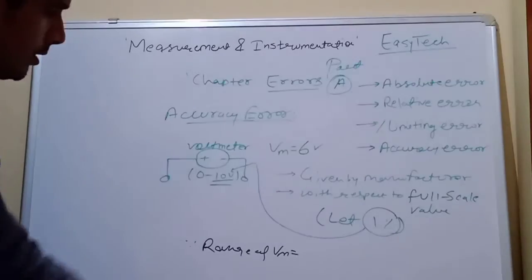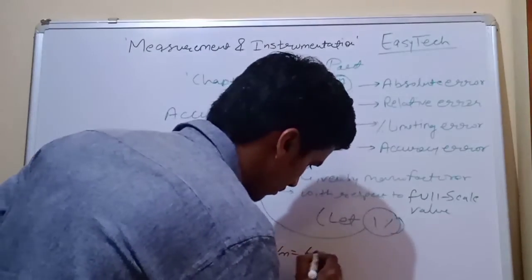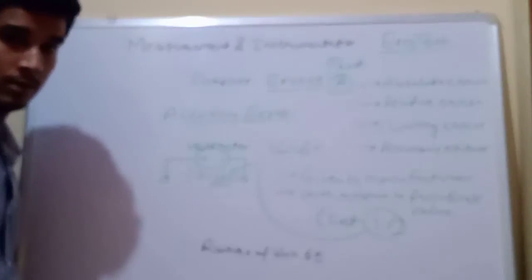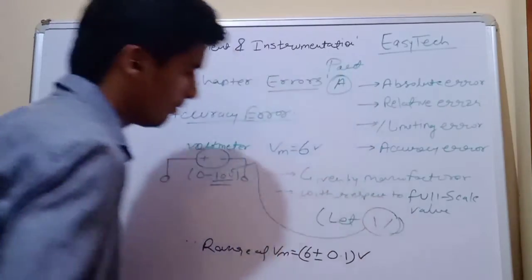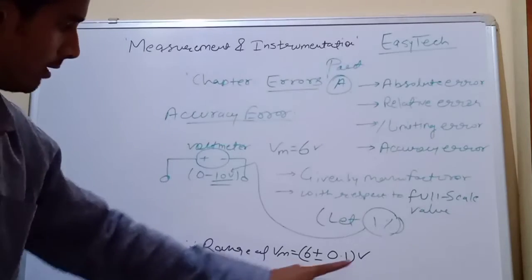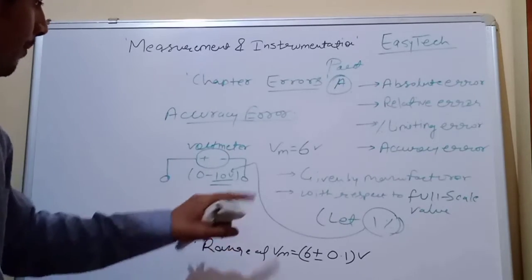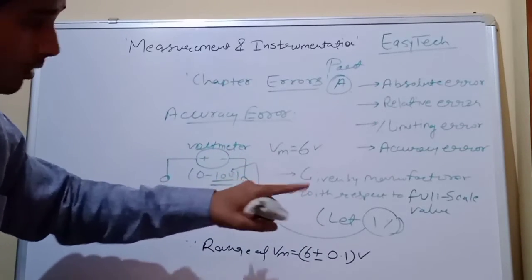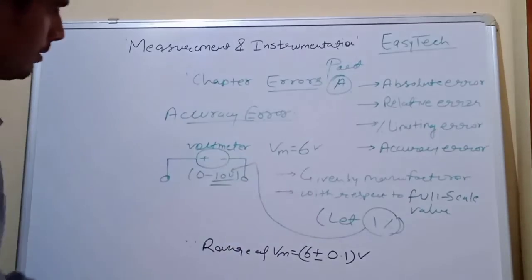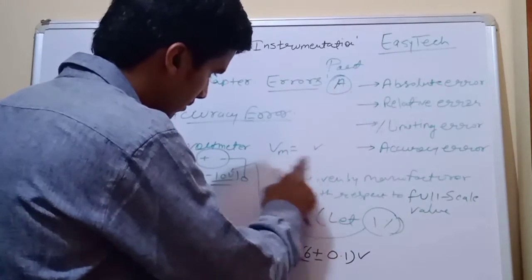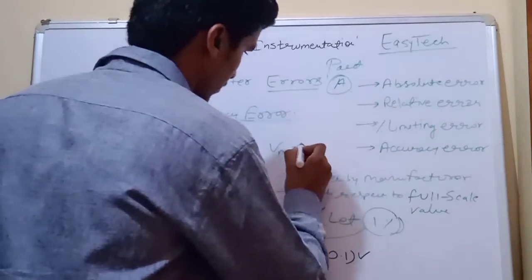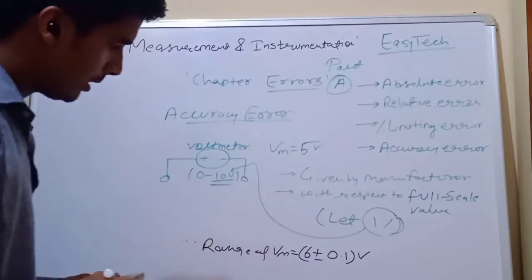What do you think the range should be? The range should be 6 plus minus 1% of 10 volt. The 1% of 10 is always equivalent to 0.1. If you change the measured value from 6 volt to 5 volt, then what should be the range of Vm?